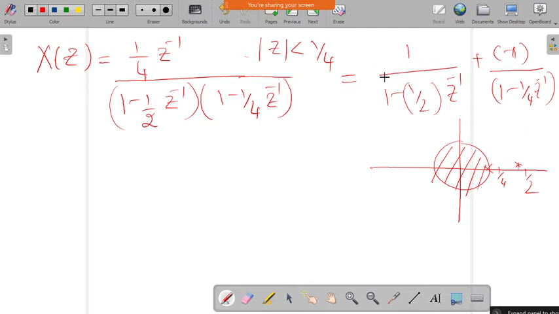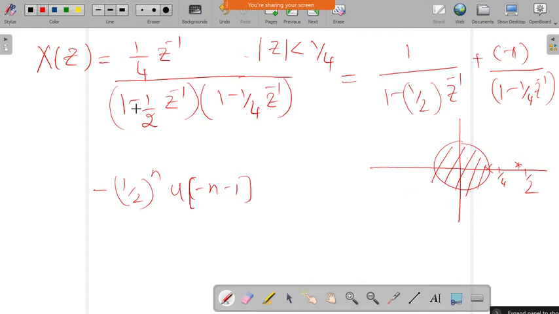Now how to make this a negative sided sequence? We know that if this is half power n into u of n, we can make it negative sided, that is, half power n into u of minus n minus 1. If I make it like this, the negative sided sequence, then the ROC will be inside.